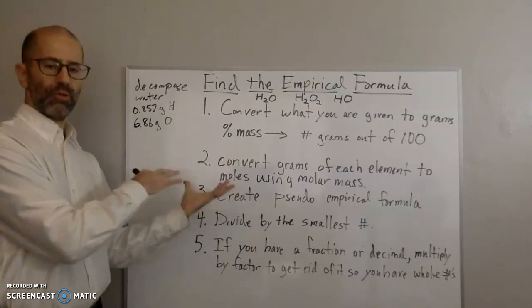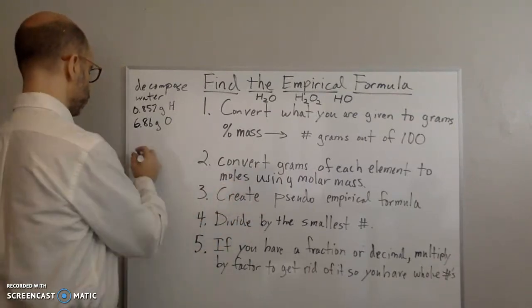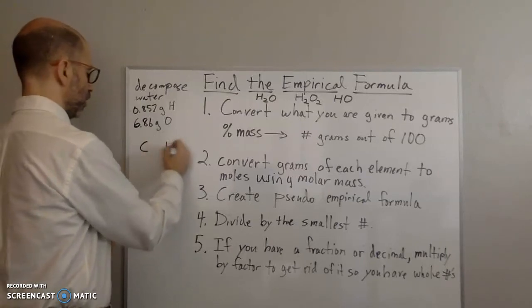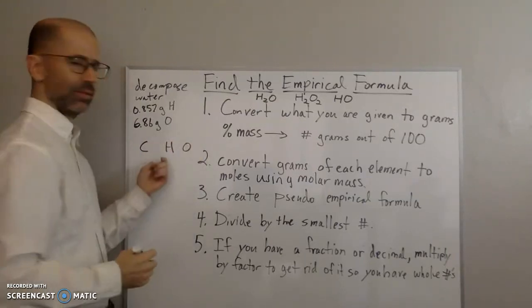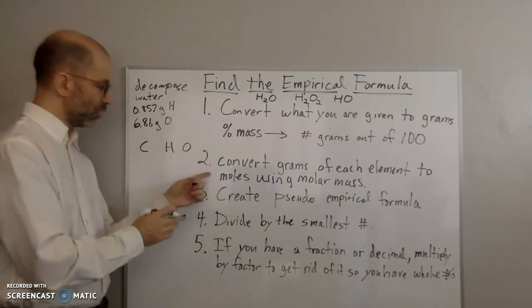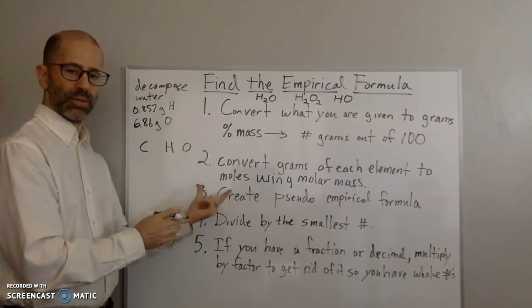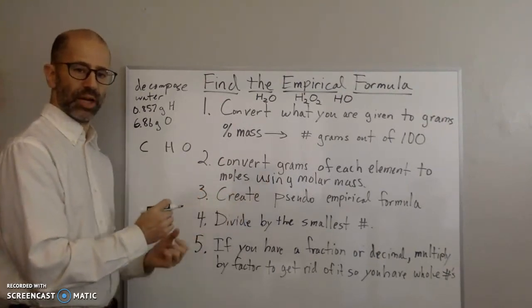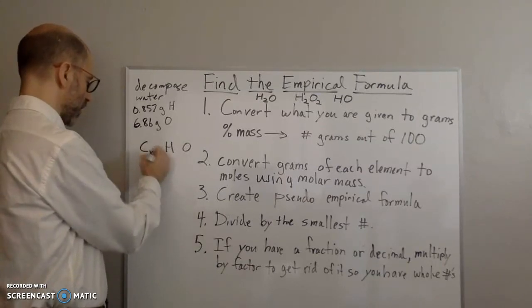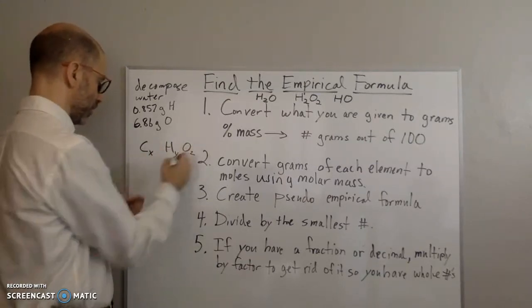You take whatever moles you got and create a formula. Let's say I have carbon, hydrogen, oxygen. I'm going to take the moles that I calculated from the step where I took my grams and the molar mass and created moles, and write them as X, Y, and Z.